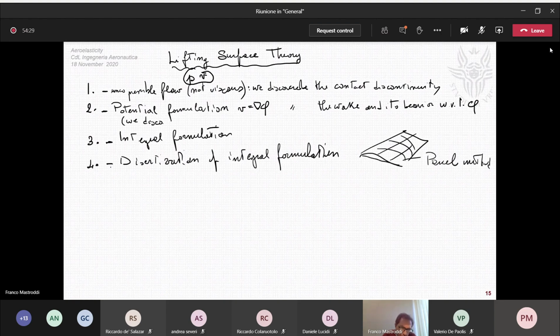And five, build the generalized aerodynamic force matrix.